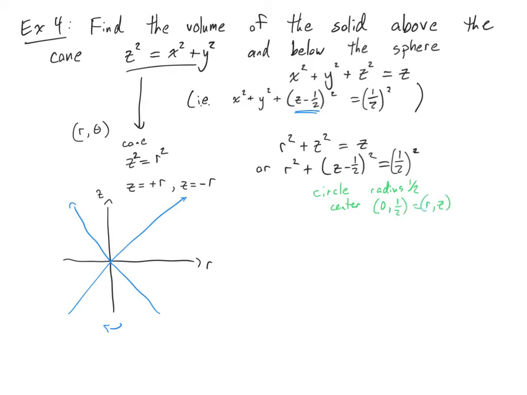So R equals 0, Z equals 1/2. So here's the center of my sphere, and a circle with radius 1/2. And so if I go out to the right 1/2, I'm actually at that line of slope 1. So these connect up, and so this circle looks kind of like this.